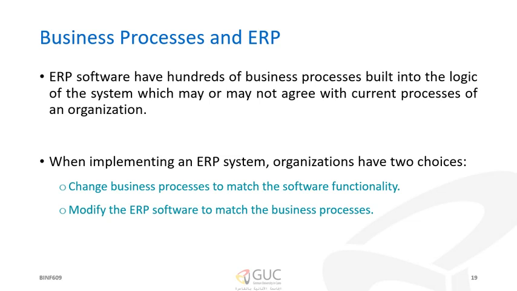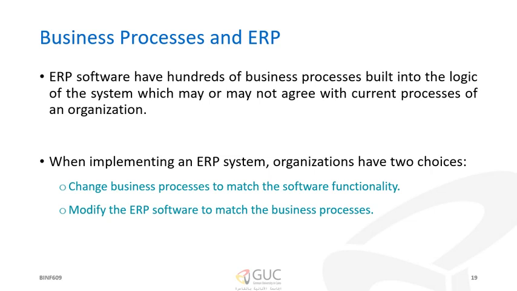Changing business processes to match the software functionality, also known as vanilla implementation, occurs only when organizations do not make major modifications to their ERP software during implementation. The advantage of this option is to maximize the benefits by taking advantage of the embedded best practices of business processes, while disadvantages include disruptions occurring in the organization functionality.